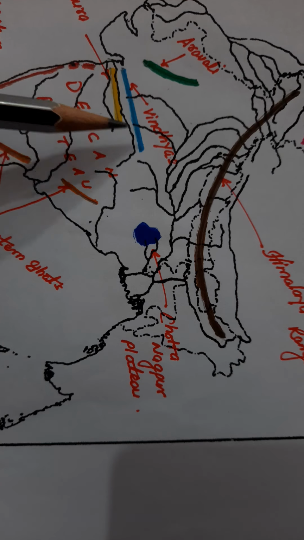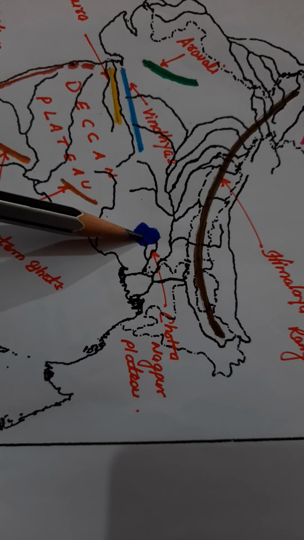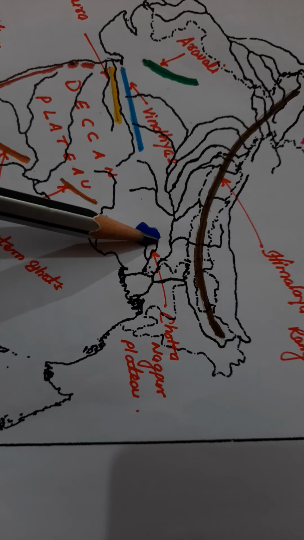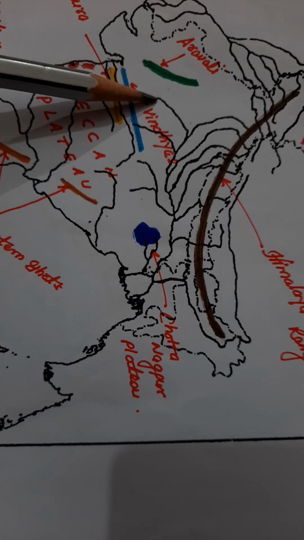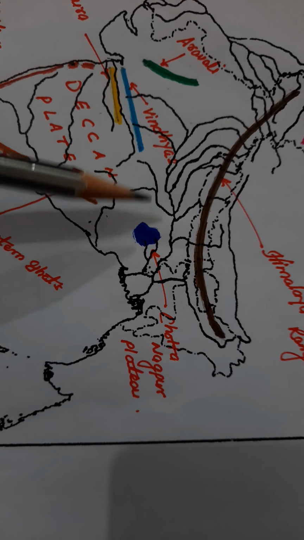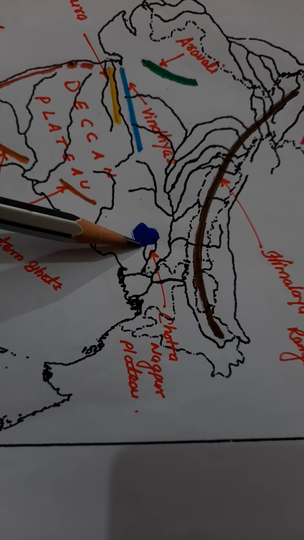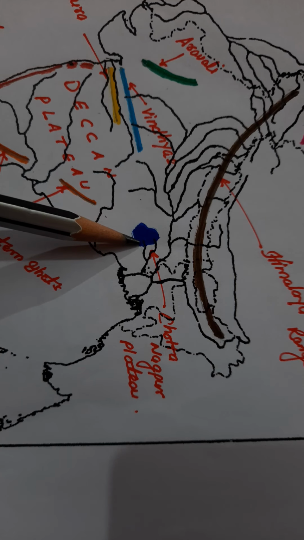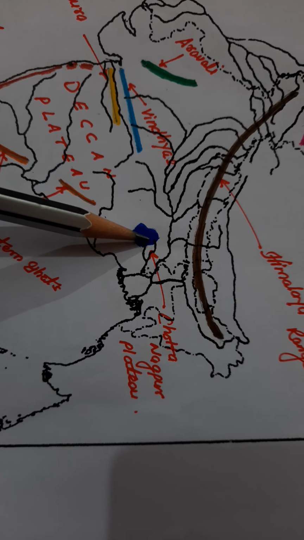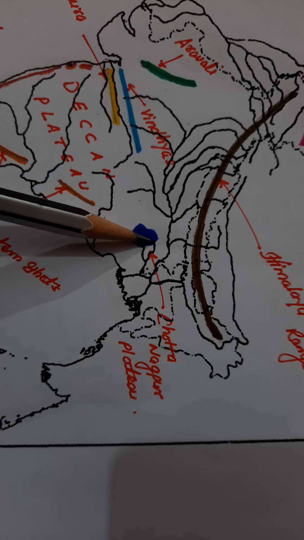Then further you can see the Chota Nagpur Plateau, which you place in front of the Damodar river. This is Chambal, Betwa, Sun, and this is Damodar. In front, with an irregular shape, is the Chota Nagpur Plateau, which is rich in mineral resources, mostly in the state of Jharkhand.